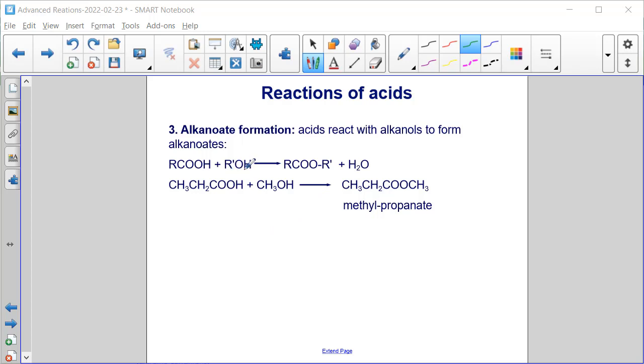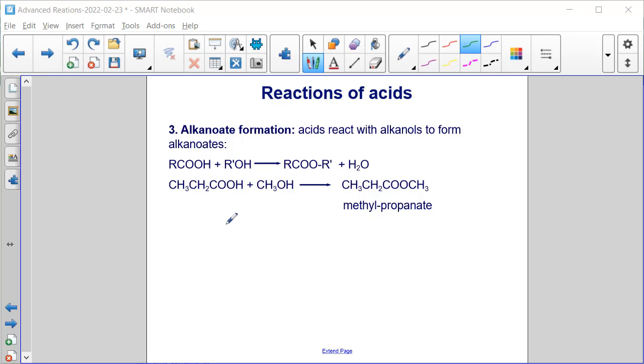Okay, so we're going to remove this OH and this H to form water. And then this R prime group will bond here with this single bond O. So we have R group, our alkyl group, single bonded to carbon. This carbon is double bonded to an oxygen and also single bonded to another oxygen. And then that oxygen single bonds to this second alkyl group, which we call R prime.